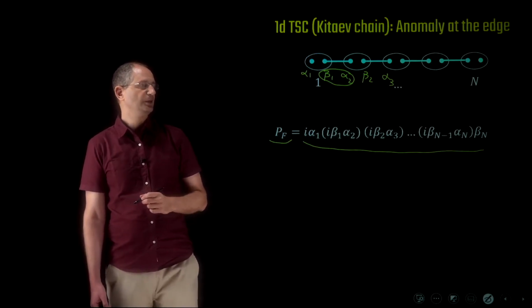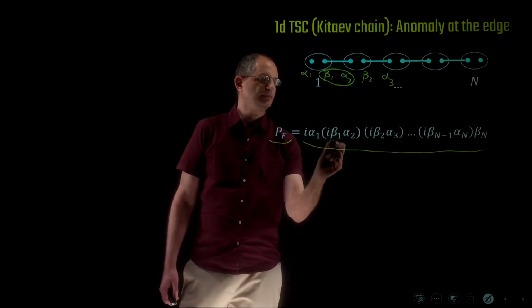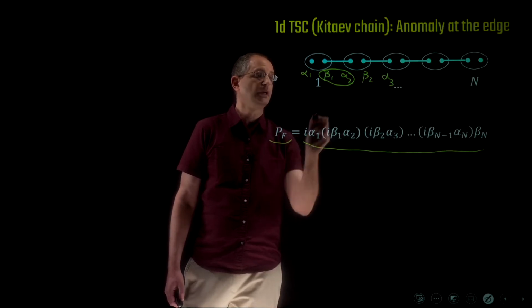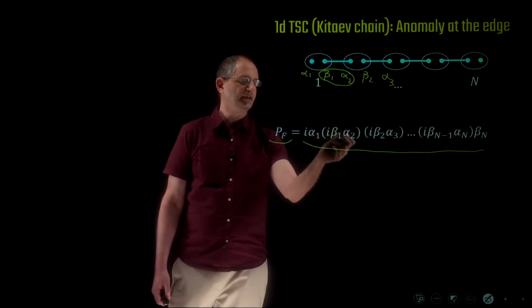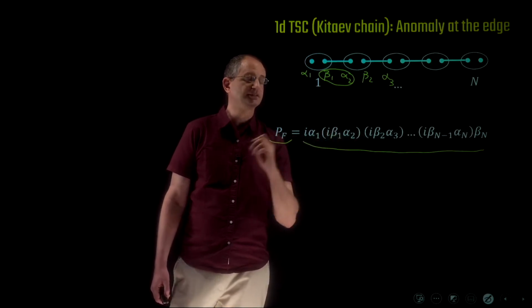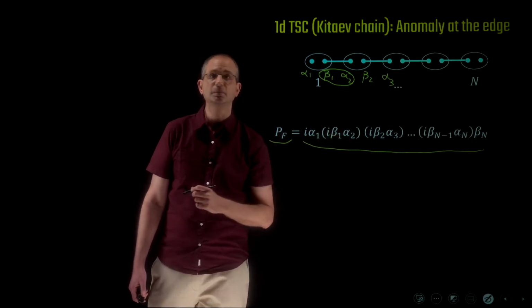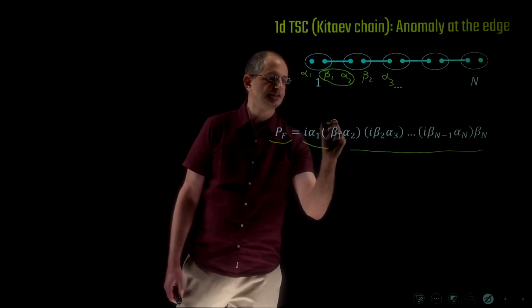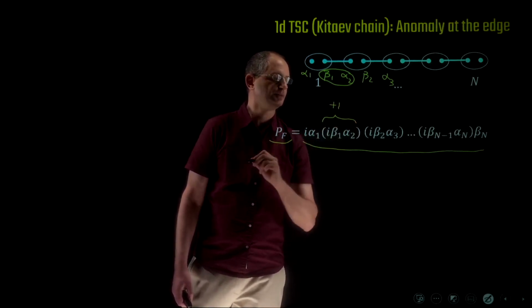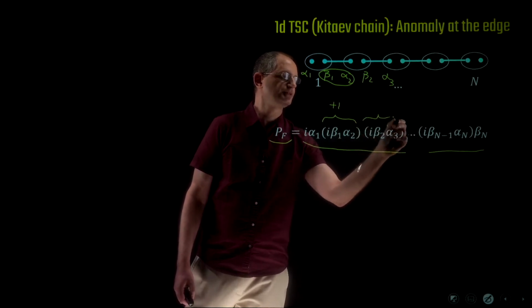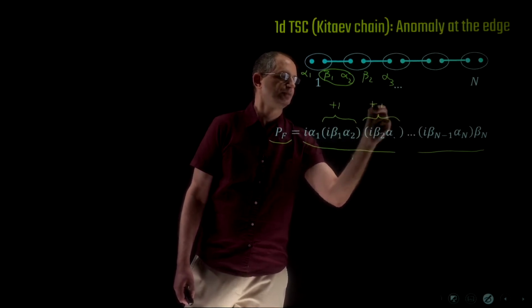Now we see that beta 1 and alpha 2 are actually coupled by the Hamiltonian, which forces their product to be, say, plus 1. So this in the ground state is plus 1, and similarly this is plus 1, and so on and so forth.